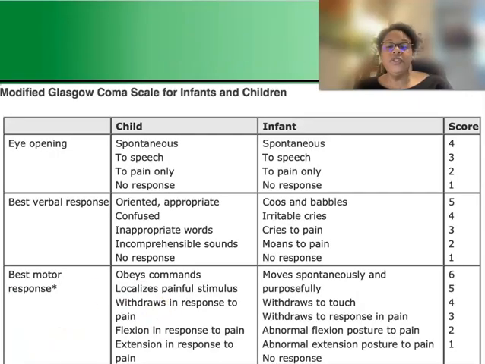So I will not test you on this scale, but I will test you as far as your interpretation of a reported score. The Glasgow Coma Scale is used to tell us where the child lays on consciousness, and if they are 8 or less, we have to intubate. If it's 8, we intubate.